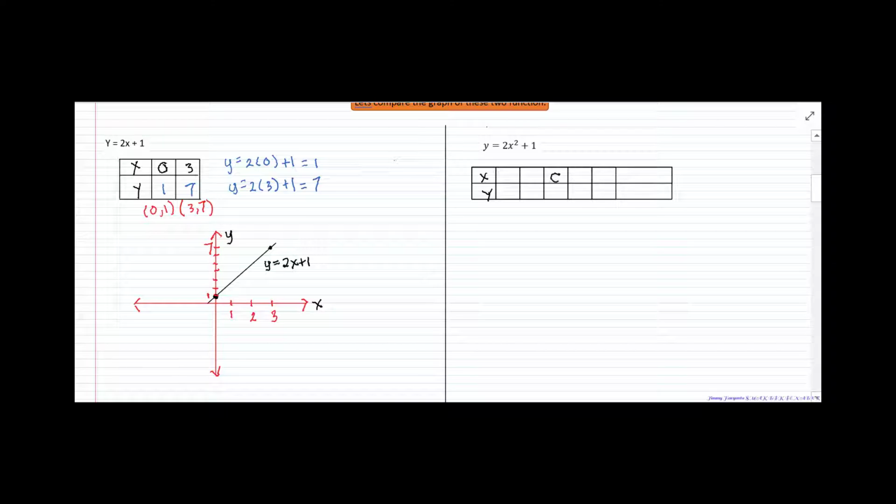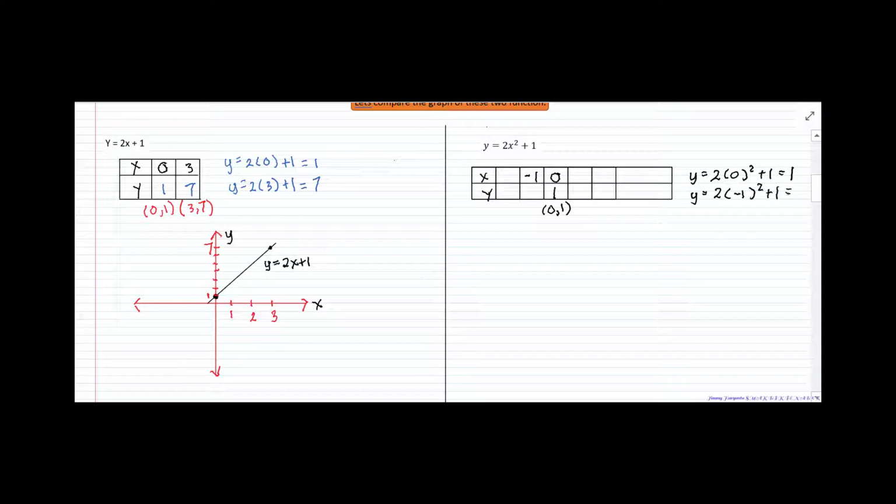Let's try 0 for x, and then we have to find the value of y. y equals 2 in the bracket 0 squared plus 1. The result will be 1. So I write 1 right here, and then I have 0, 1 for the first point. And then let's try negative 1. So y equals 2 in the bracket negative 1 squared plus 1.